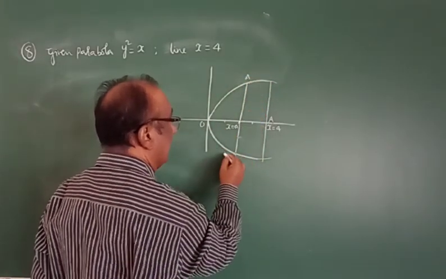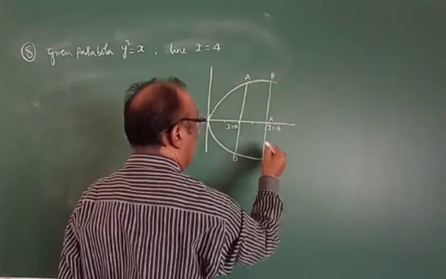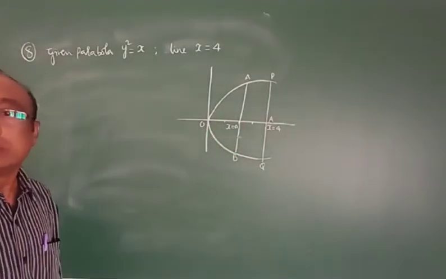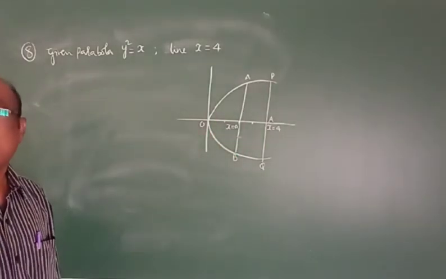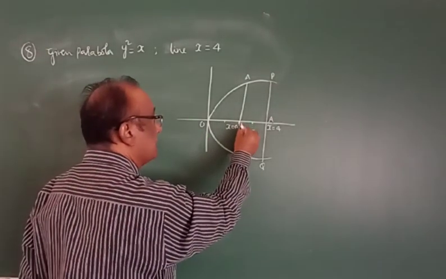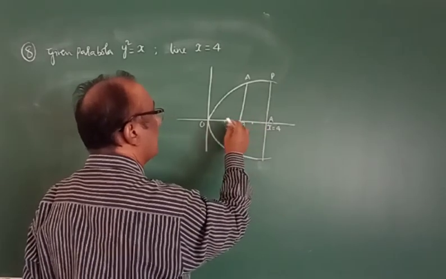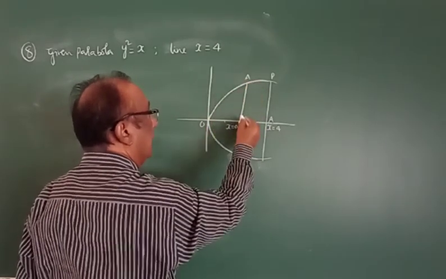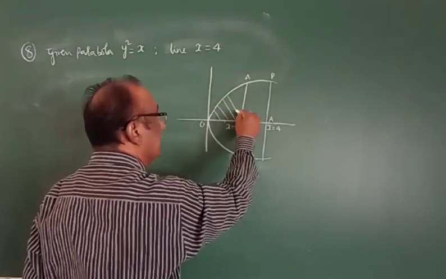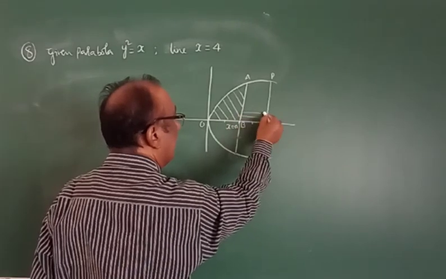This area is equal to a p q. This area is equal. So two times, that's why I will take only this part. This part means easy to understand. So this part I will take. So O P A area, this area is equal to this area.